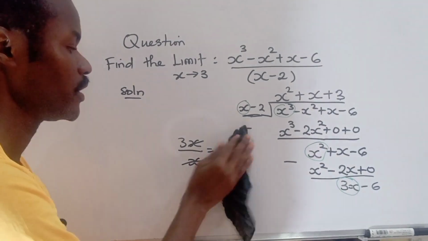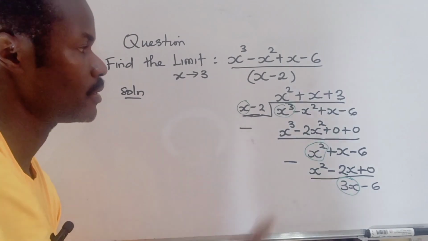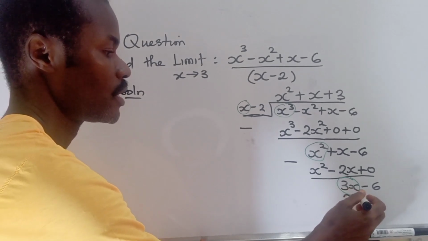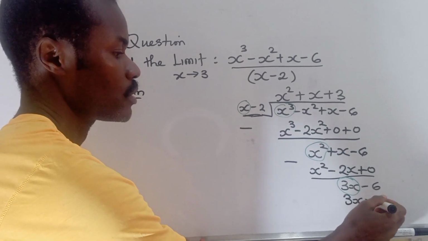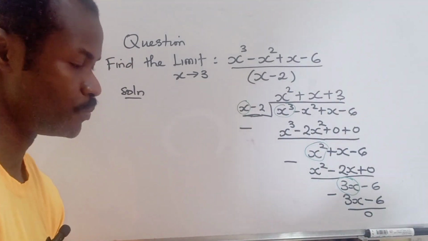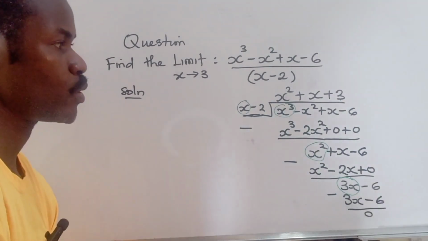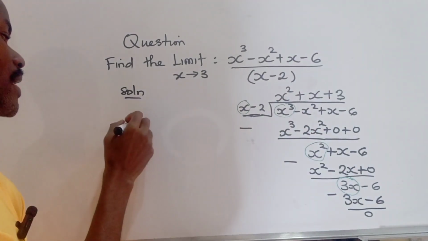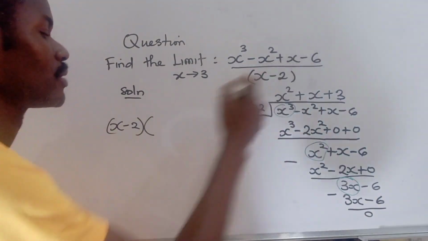Now that we have plus 3, let's multiply it with this and see what that gives us. Plus 3 times x there is 3x. Now plus 3 times minus 2 is minus 6. So if we subtract all this, it gives us 0. So now we know that x minus 2 multiplied by all this is going to give us this.